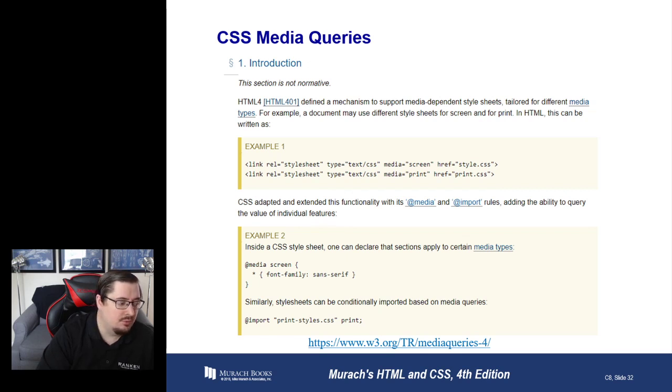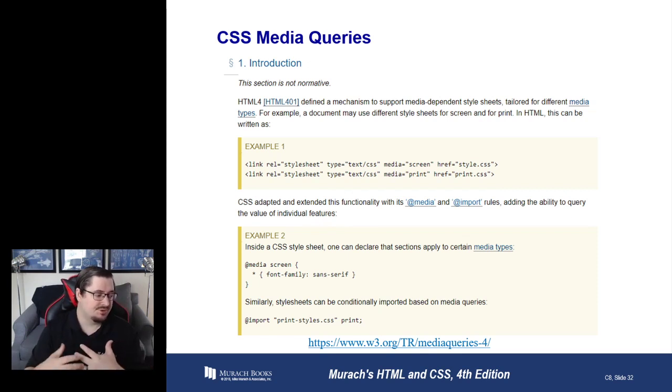One thing to know, the way we're going to set this up, we're going to keep this all in one CSS file. So we're going to say these rules are default, and these rules are on top of that. You can also, in the link tag that you put in your head, specify what media that style sheet is for.